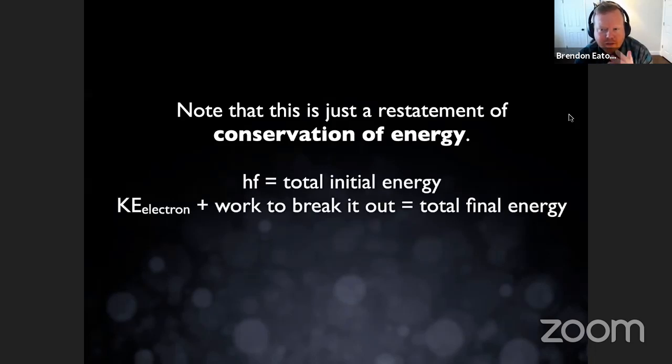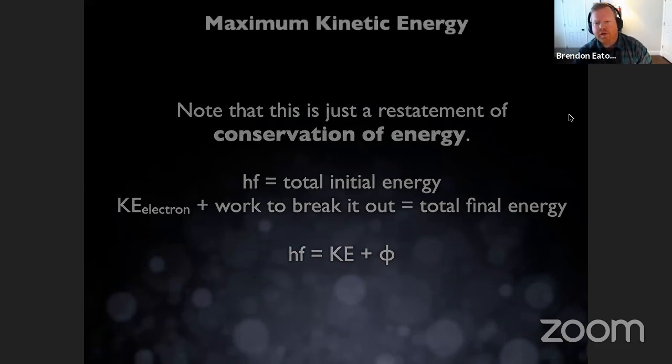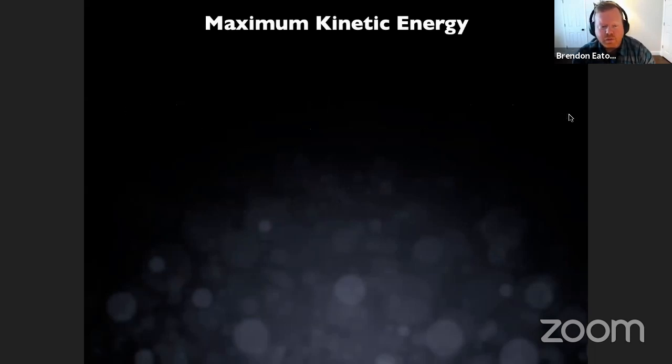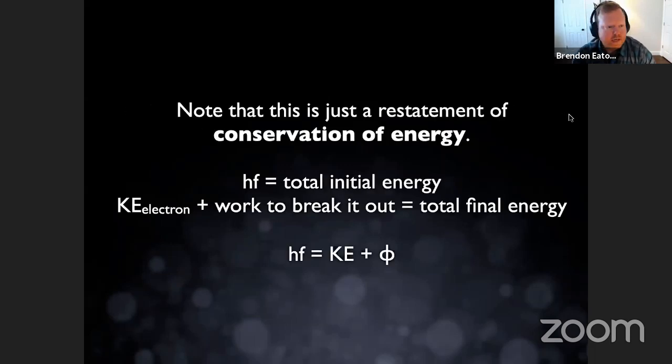Now, if that incoming energy has just enough to overcome the work function, that's going to be equal to the total final energy of the electron. So initial energy plus the work done has to equal the total final energy. Again, just a basic statement of conservation of energy. So this leaves us with this final equation, which is hf is equal to kinetic energy plus phi.